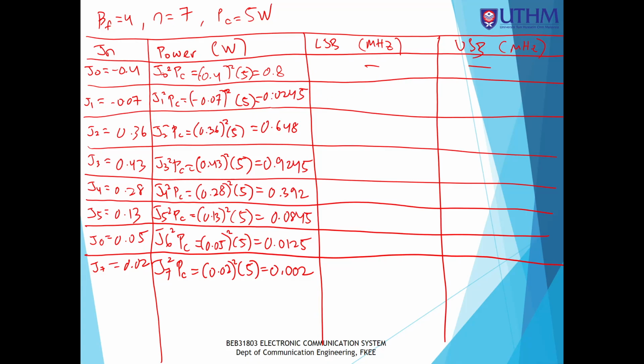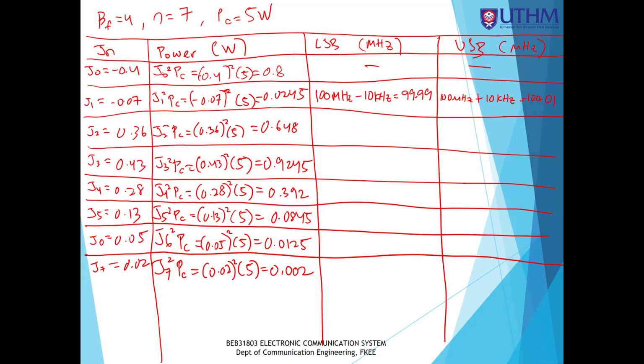So 100 mega minus 10 kilohertz is 99.99 mega. And 100 mega plus 10k is 100.01.